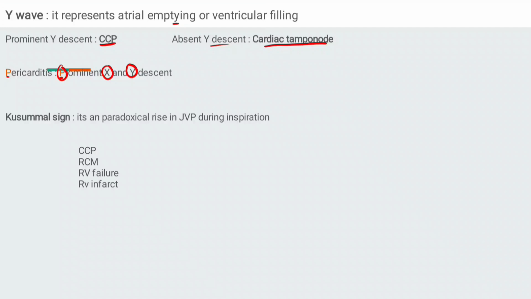Then the next one is Kussmaul sign. Kussmaul sign is defined as a paradoxical rise in JVP during inspiration. Normally, during inspiration there is a fall in JVP because of the decrease in intrathoracic pressure.